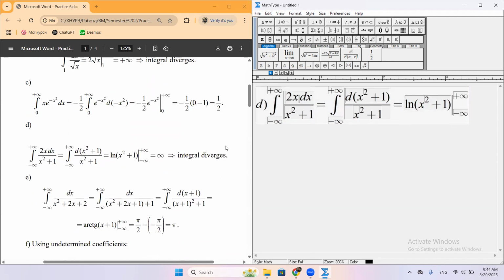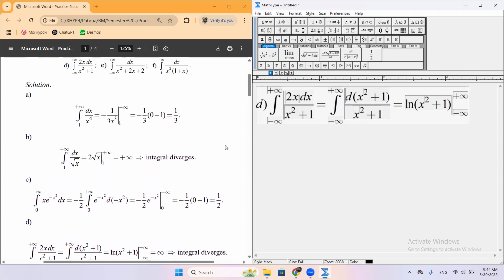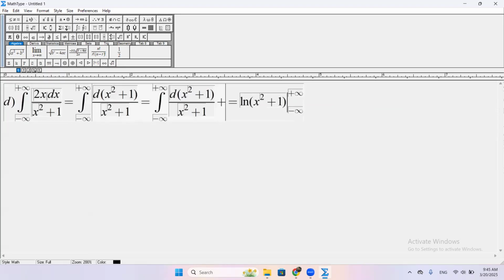So actually, what do we have? Let's also split it by the following. It's not a good idea to calculate from minus infinity to plus infinity. We need to split it to the sum of integrals.